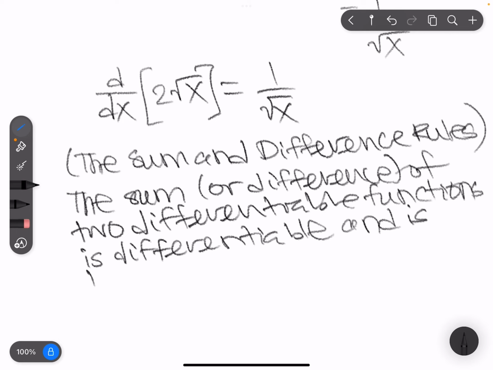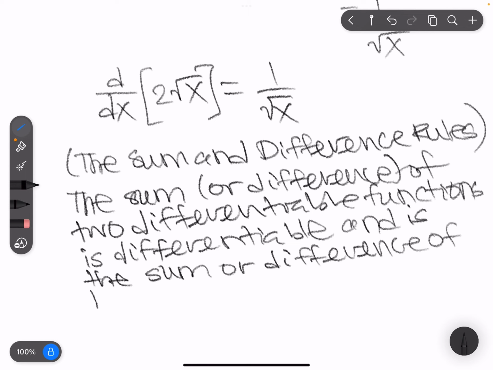And is the sum or difference of their derivatives.